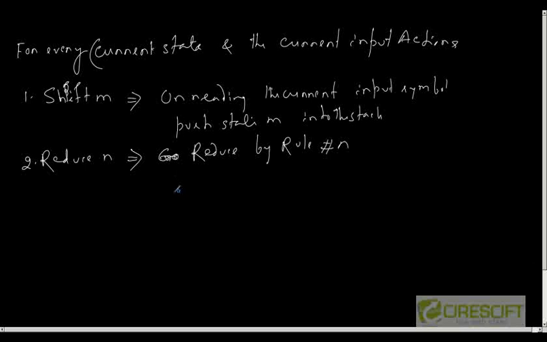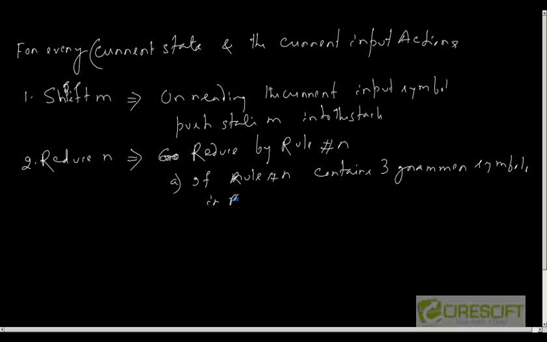What does this mean? It has certain sub-actions. Reduce by rule number N means what? First, if rule number N contains three grammar symbols in the RHS, then pop three states from the stack.